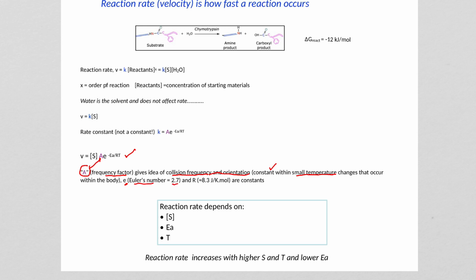It's about 2.7. R is also a constant. That's the gas constant. It's about 8.3 joules per Kelvin per mole. So all these, A, e, and R, are constant numbers.